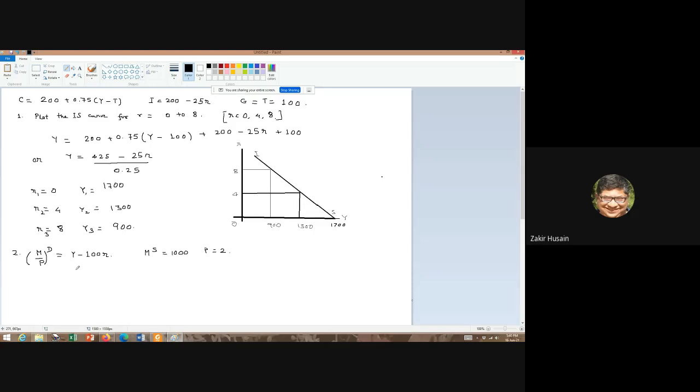So it will be like 1000 by 2 equal to Y minus 100R. Therefore, Y equal to 500 plus 100R. So Y1 is 500. Next is 900. Then it is 1300.